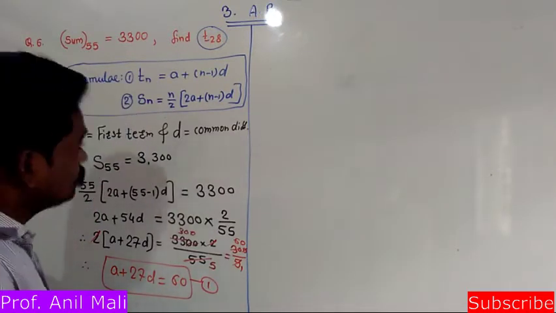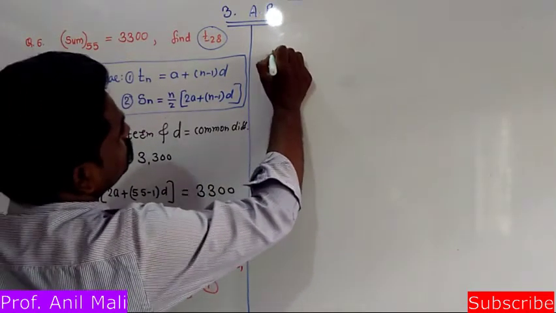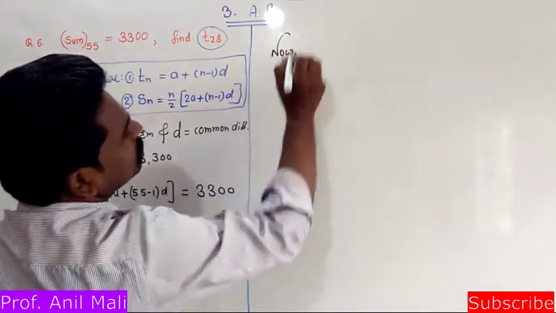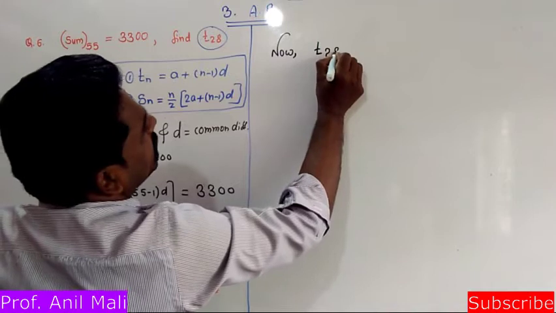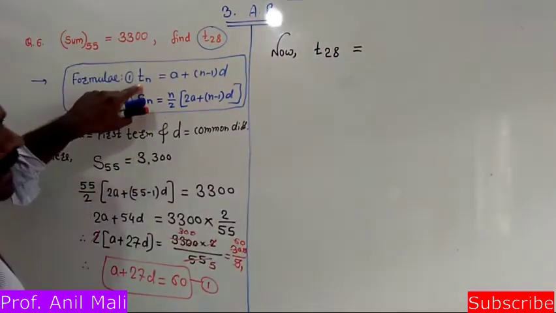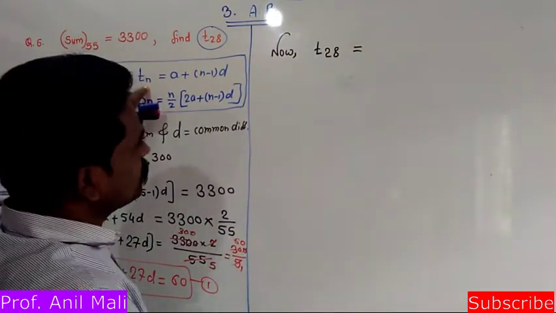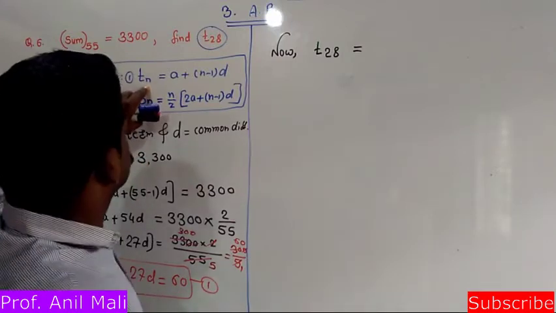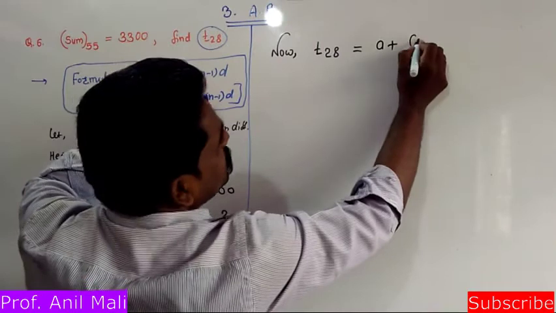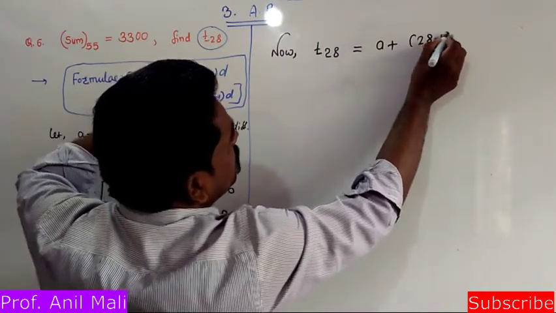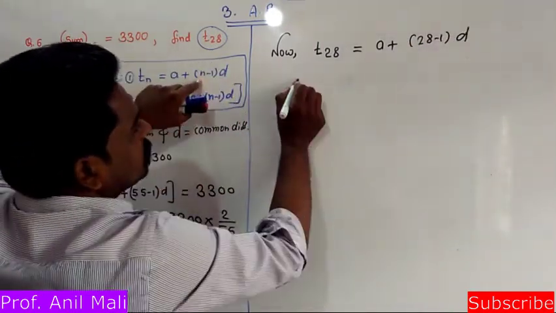So we'll write here now T28 is equal to, Tn is here. Now we have substituted 28 instead of n. So A plus n minus 1, that means 28 minus 1 into D. No problem.